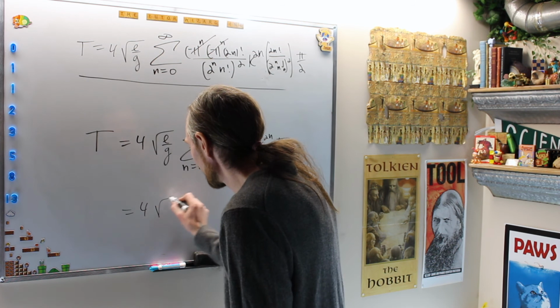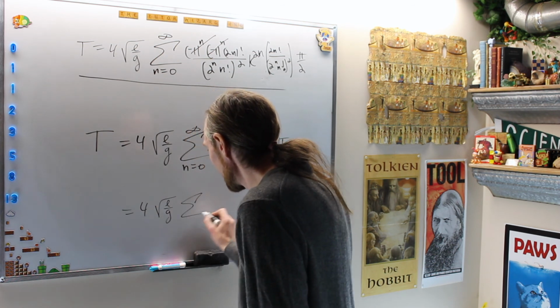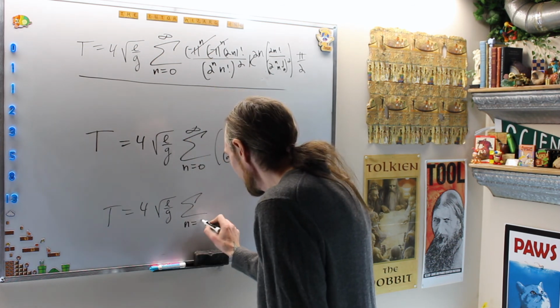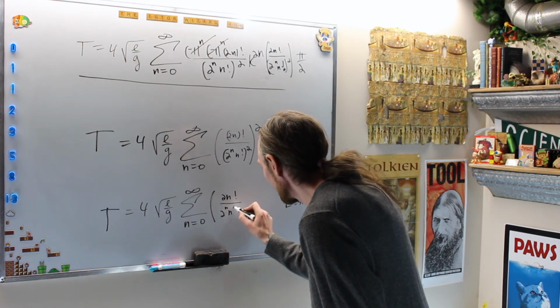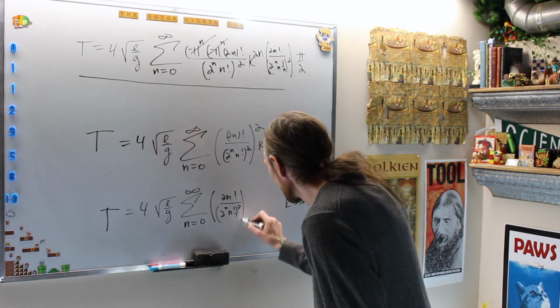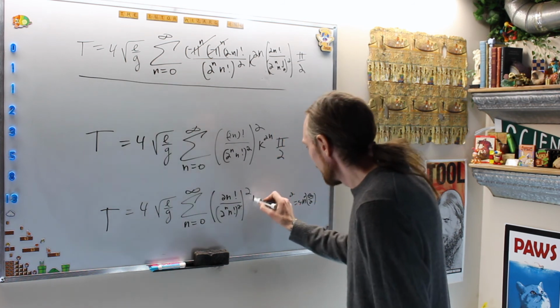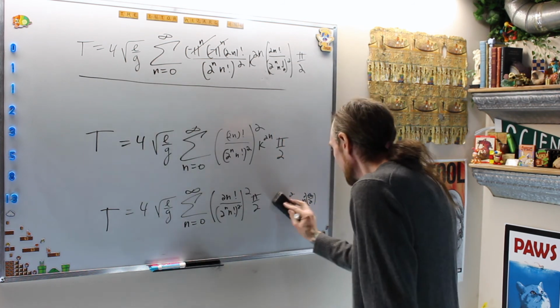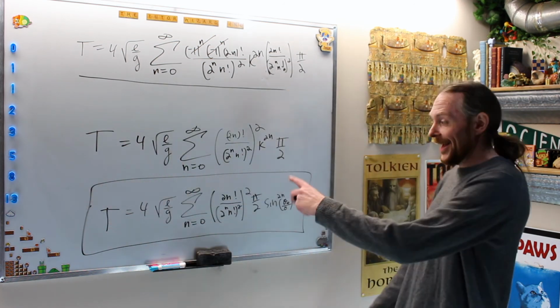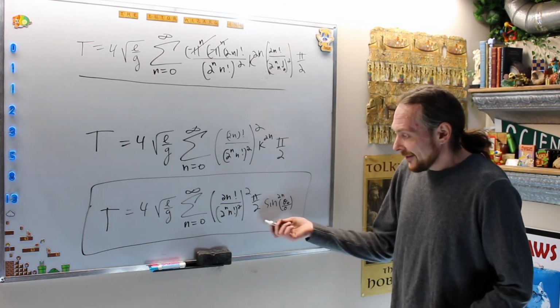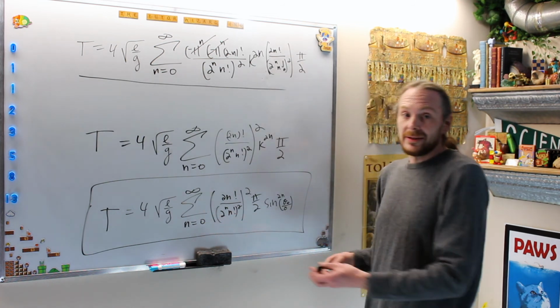Equals 4 the square root of L over g times the sum from n equals 0 to infinity of (2n)! over (2^n n!) squared times pi over 2 times k to the 2n. That is the period of a simple pendulum. If we take the first term where n equals 0, let's see, does that happen?